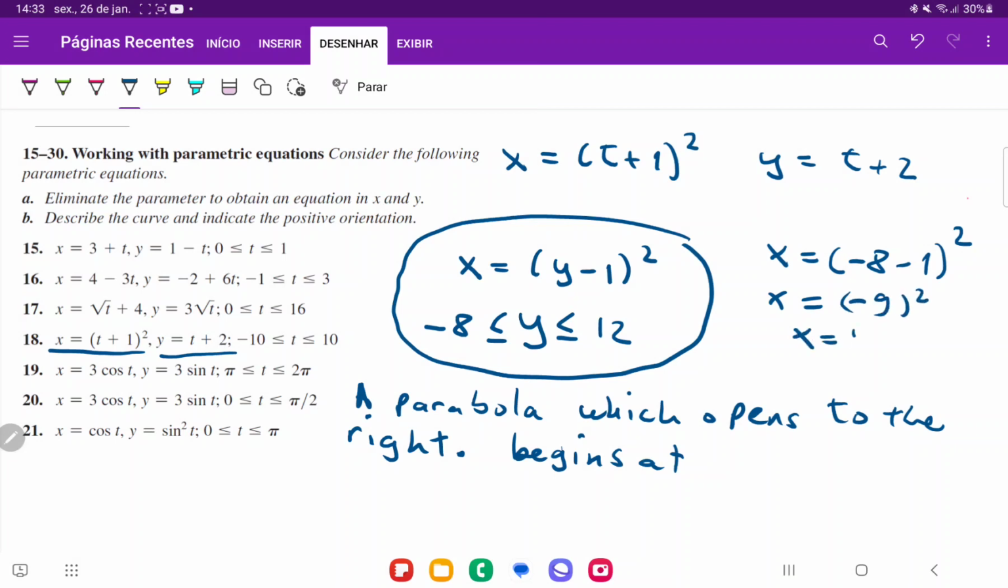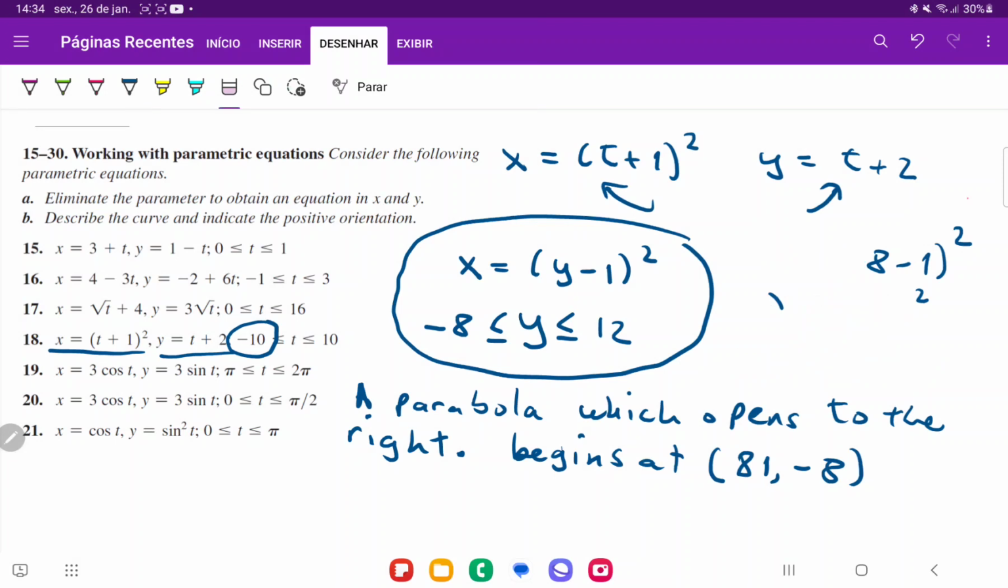So x is equal to 81 when y is equal to minus 8. So it's going to begin at the point 81 comma minus 8. That's the beginning, and that corresponds to the value of minus 10 in t. If you were to plug minus 10 into the y and the x equations, you would get the point 81 comma minus 8.